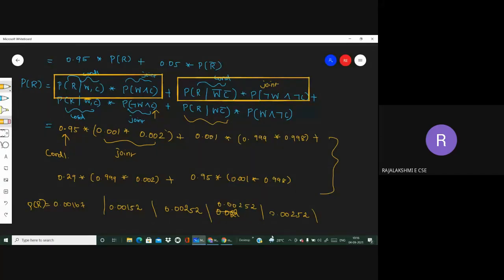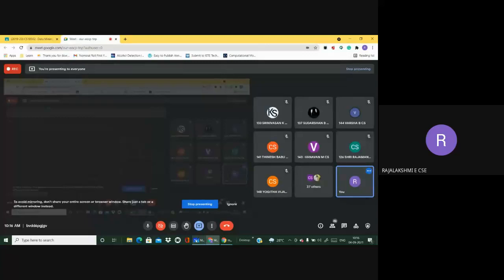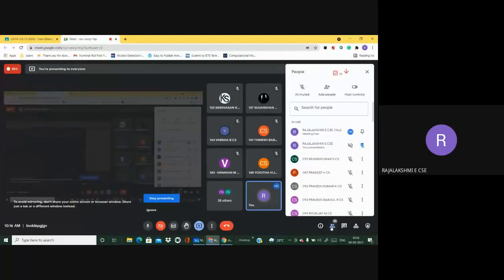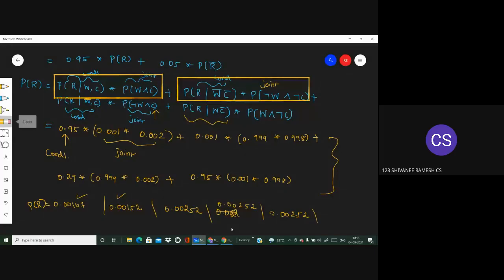So all got 0.00252. Shivani and Yogita: Ma'am, when I calculated separately and added, I got a different one, but all together, when I did, I got 252. Okay, fine. So the actual answer is 0.00252.